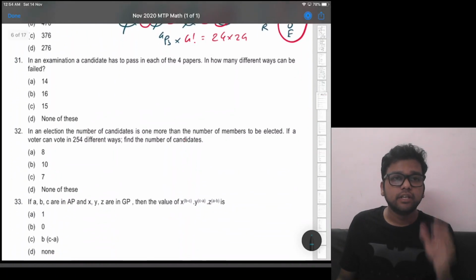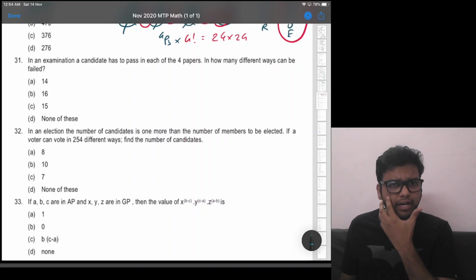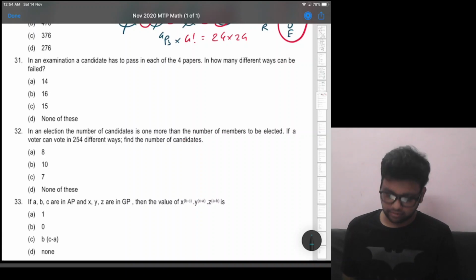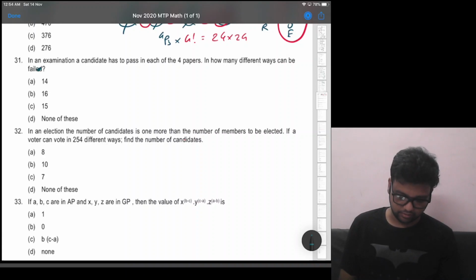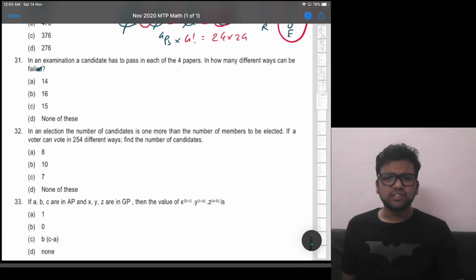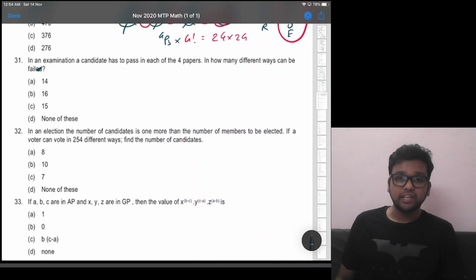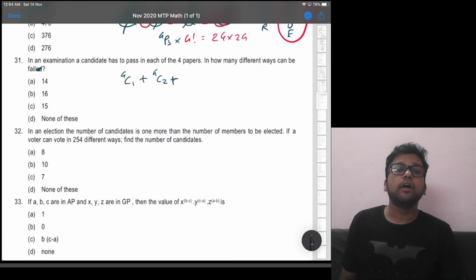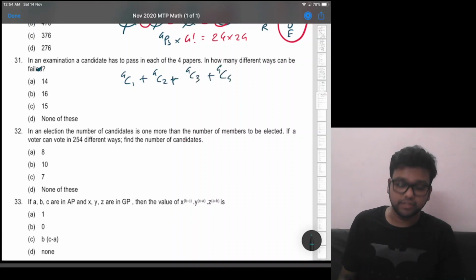Next, combinations. In an examination, a candidate has to pass in each of the 4 papers. In how many different ways can he fail? I think this is also from the module. This is like CA exams, he has to pass in all 4 papers. So, how many different ways can he fail? He can fail if he fails in 1 paper, or in 2 papers, 4C2, or in 3 papers, 4C3, or in all 4 papers, 4C4.